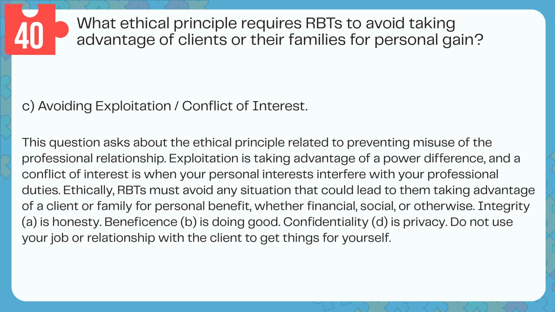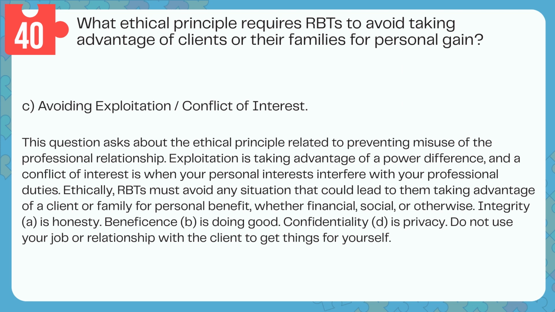Answer: C, avoiding exploitation/conflict of interest. This question asks about the ethical principle related to preventing misuse of the professional relationship. Exploitation is taking advantage of a power difference, and a conflict of interest is when your personal interests interfere with your professional duties.